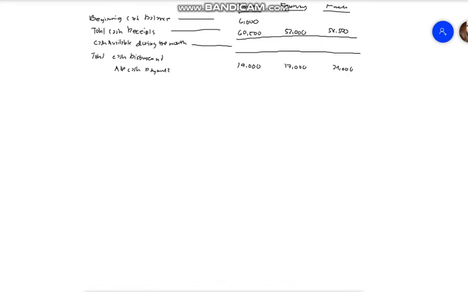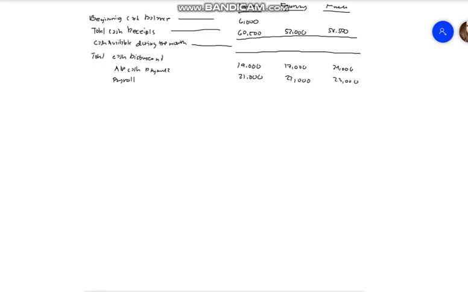Just write here the other cash disbursement that I mentioned earlier, which is payroll. That's 21,000 for the month of January, 22,000 for February, and 23,000 for March.